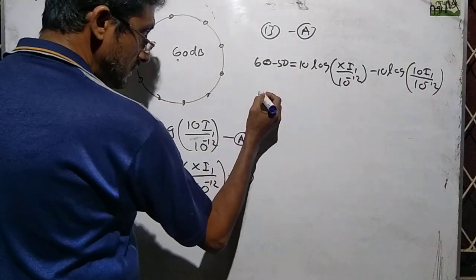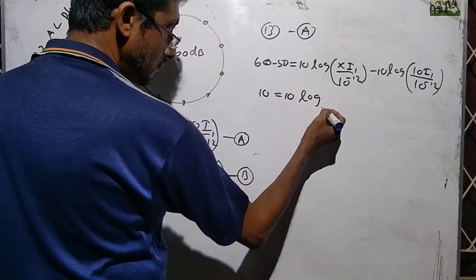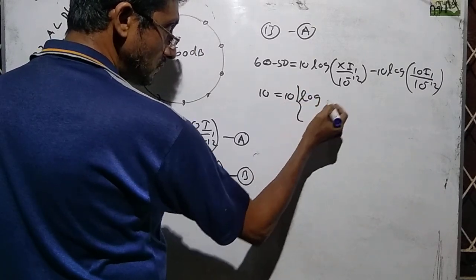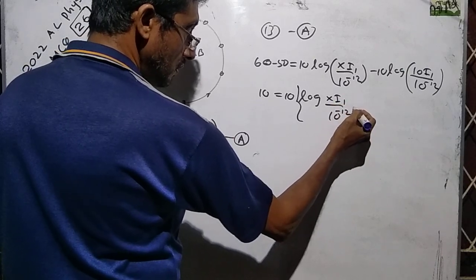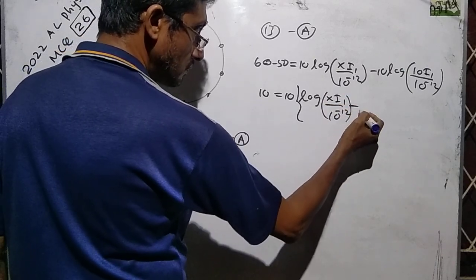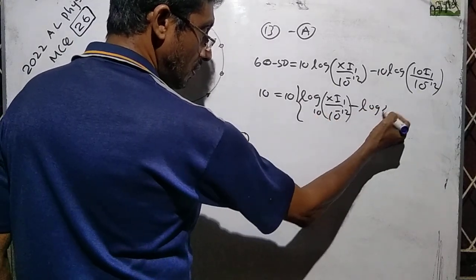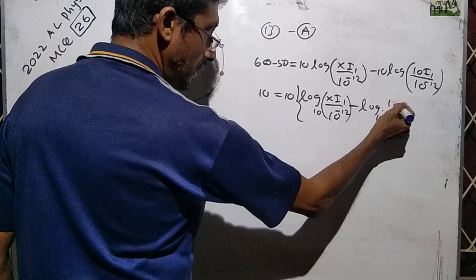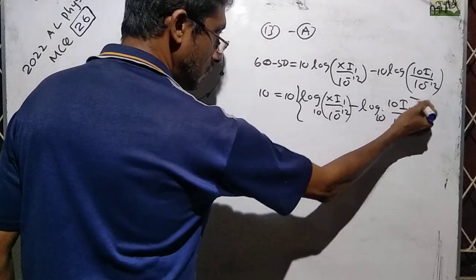Now 10 is a common factor: 10 times log base 10 of XI1 over 10 to the power minus 12 minus log base 10 of 10I1 over 10 to the power minus 12.